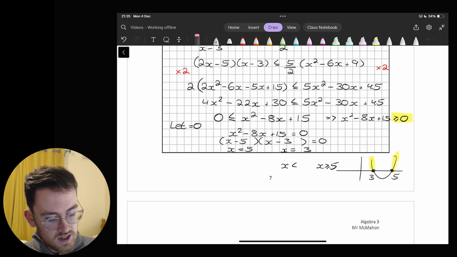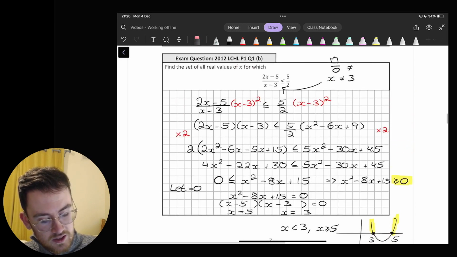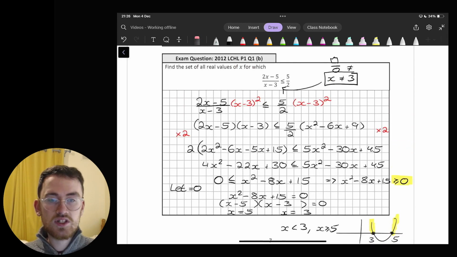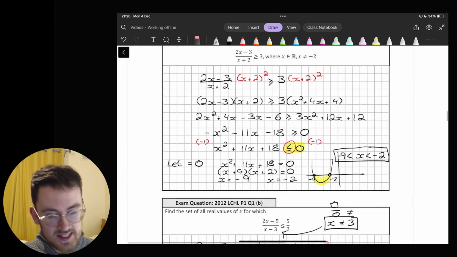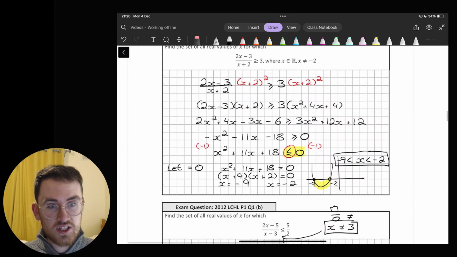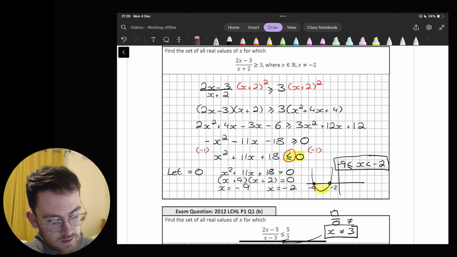But again, something a bit tricky there, something that maybe they haven't made abundantly clear here. In a question where they do give you that extra note, it's just something to look back for and make sure that both of your solutions are allowed, particularly in these solution sets, that they haven't ruled out one of the solutions already for you. Okay, something similar in the previous one as well, which I didn't fully note: less than minus 2, and it's allowed to be minus 9.